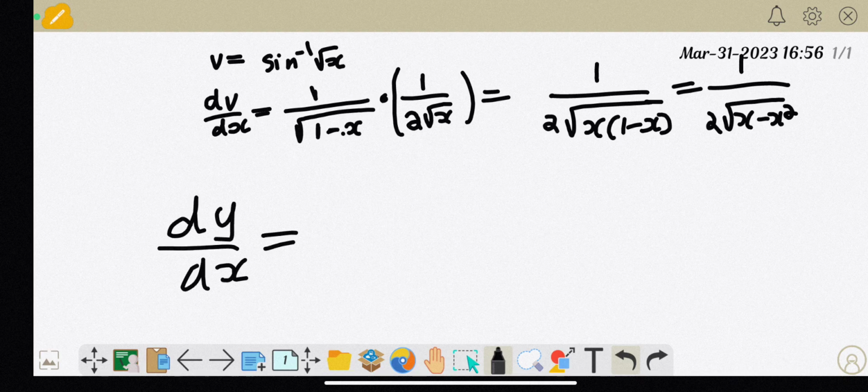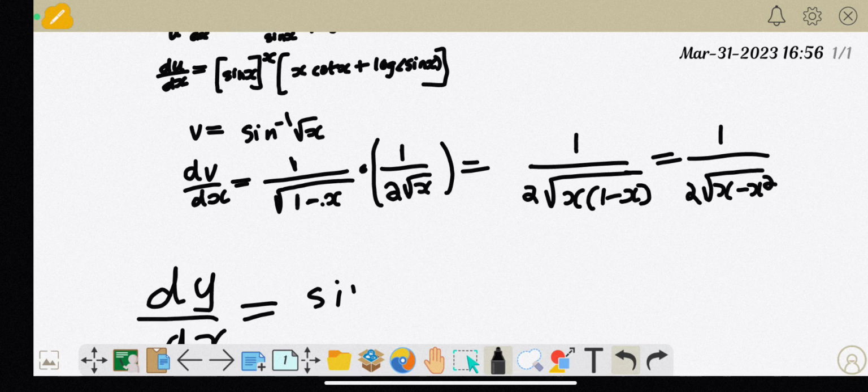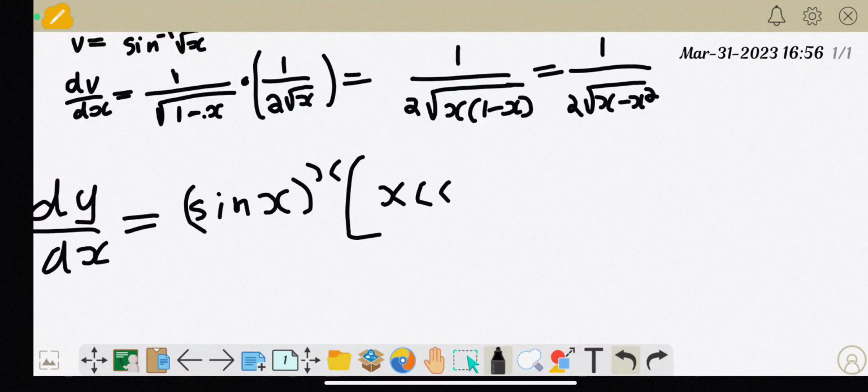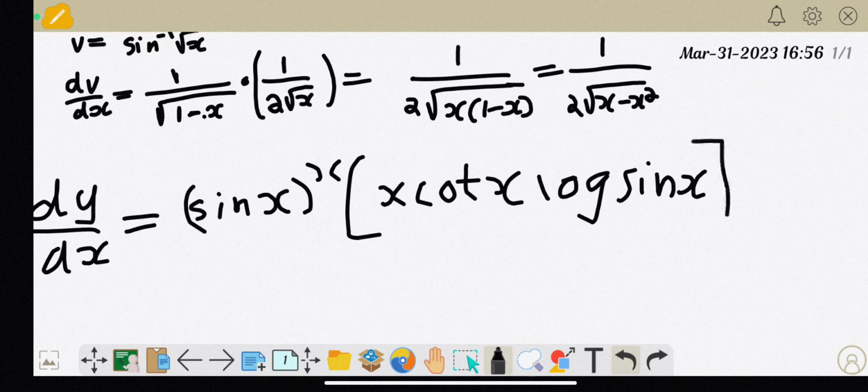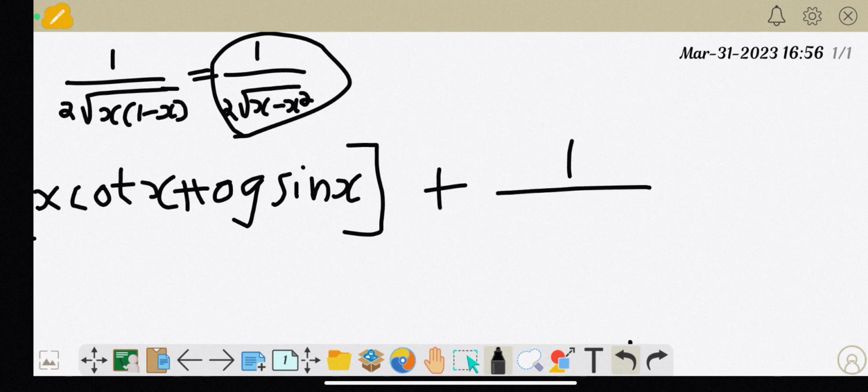Next, dy by dx is equal to du by dx plus dv by dx. So what is du by dx? Sin x to the power x, then x cot x plus log sin x, plus whatever answer we got here, 1 by 2 root x minus x square.